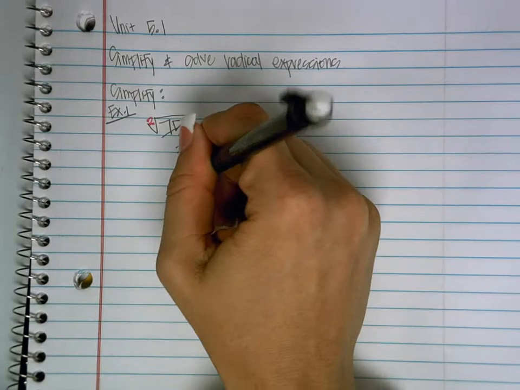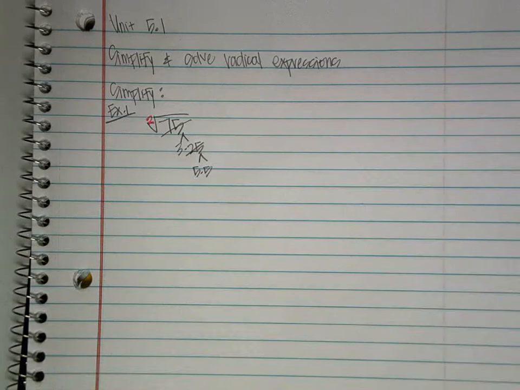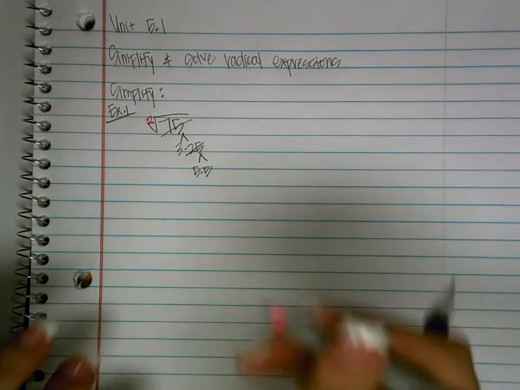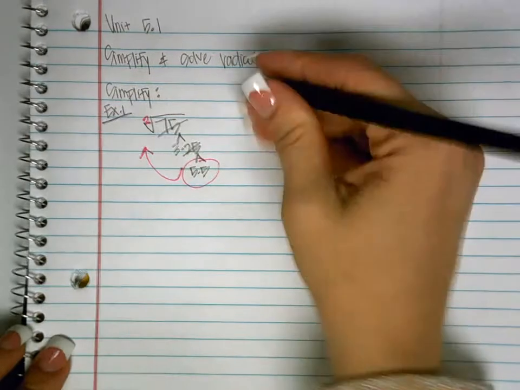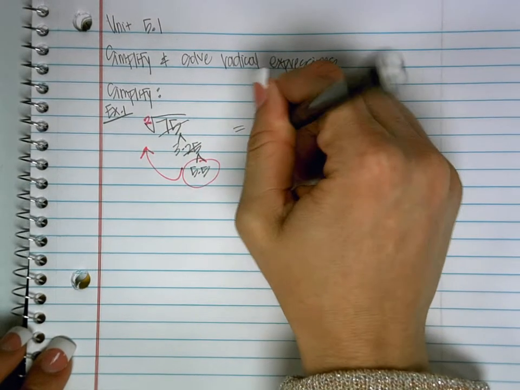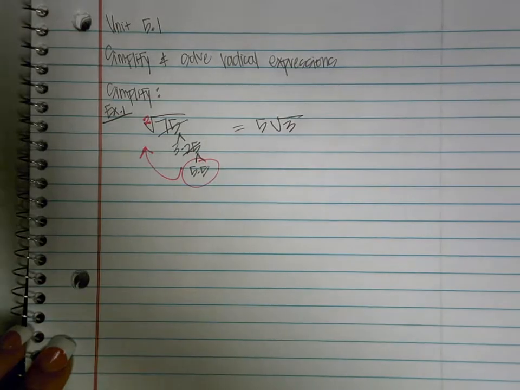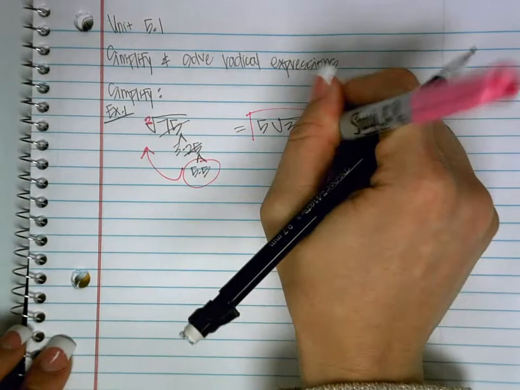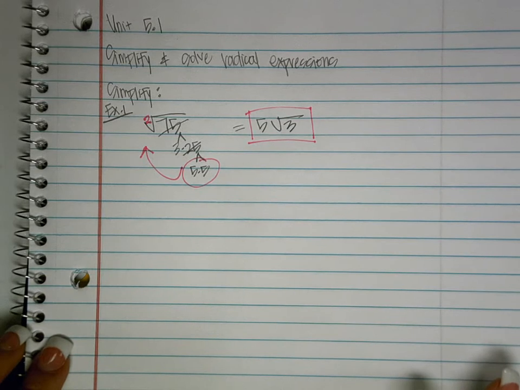Then 25 would break into 5 and 5. Now remember, with a square root, you have to have 2 of the exact identical things to get out from underneath the root. This one, you can take out a 5, and left behind is a 3, and that's it. Okay, that's our answer for today. 5 root 3. So the first part, we're just breaking things down, and that's it.